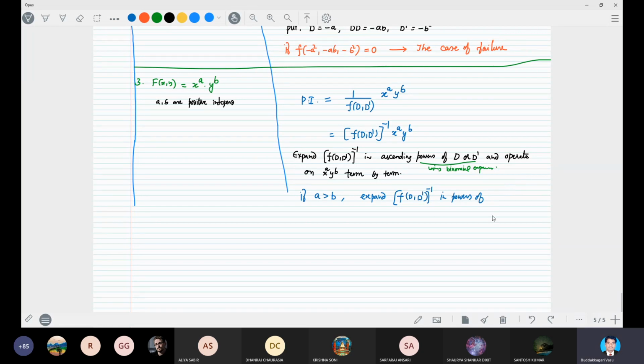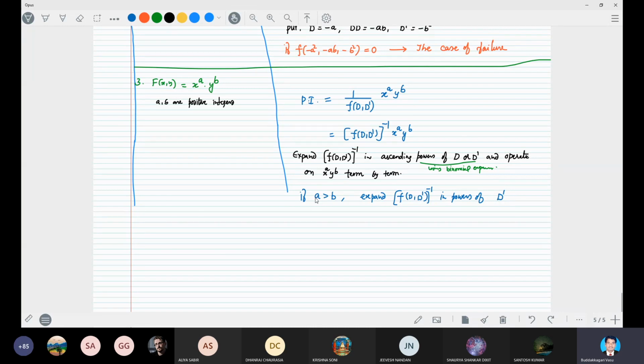D dash. Very good. Why? Because 1 by f of D, D dash has D dash in the numerator when written in powers of D dash.